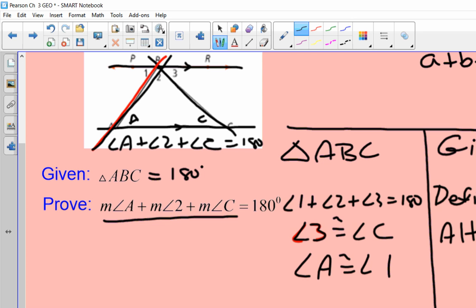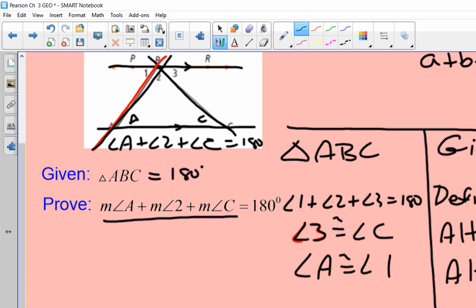If they're on alternate sides of the transversal and between the lines, they're also alternate interior angles. Okay. Are we good there? So hopefully you saw that. Maybe you didn't, but you've got to make sure that you can use the images to your advantage. We're playing by the rules of the game.